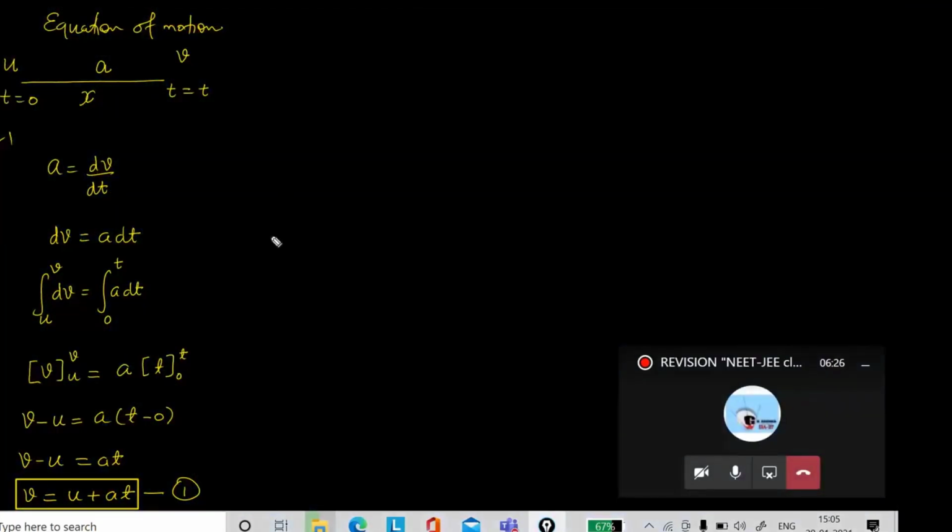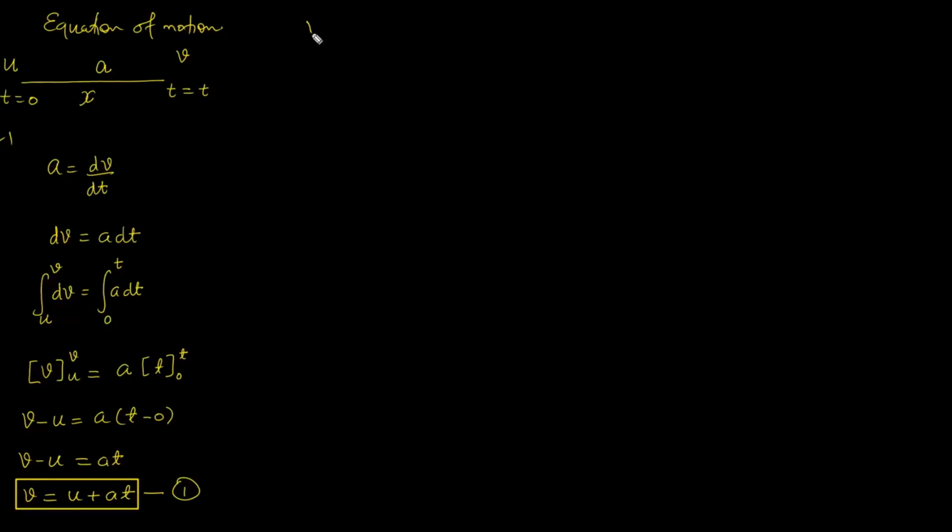So I think the first equation of motion is clear to everyone. Yes, sir. Now velocity we know is dx by dt. Further, this dx by dt will be equal to u plus at. So we can simply write dx equals u dt plus at dt.